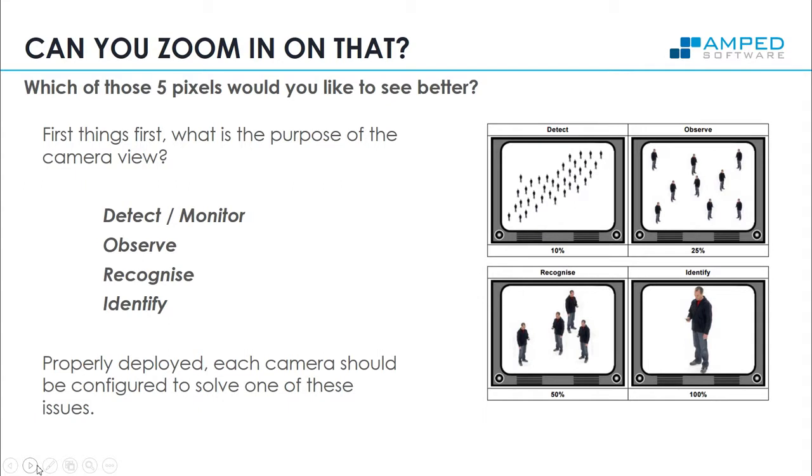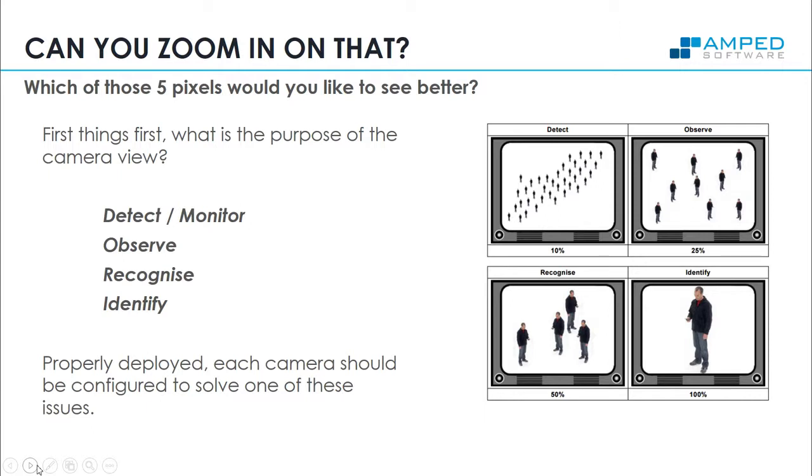Now, the Home Office in the UK has done a great job over the years in documenting and standardizing and writing about CCTV. Right, they've got 4 basic categories of views: the detect or monitor view, the observe, the recognize, or the identify.